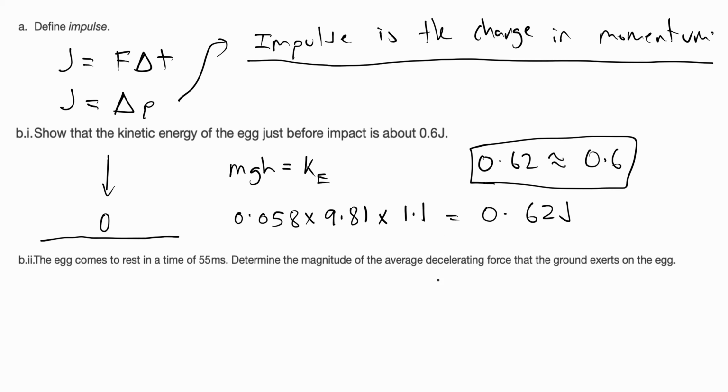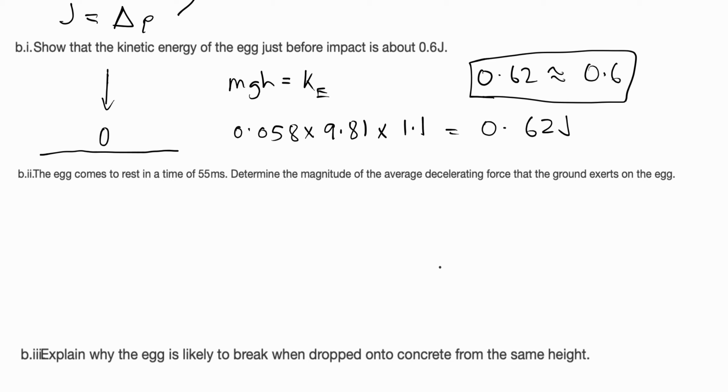Okay, next part. The egg comes to rest in a time of 55 milliseconds. Determine the magnitude of the average decelerating force that the ground exerts on the egg. Now, how do we solve this? We know that F is equal to ma, right?